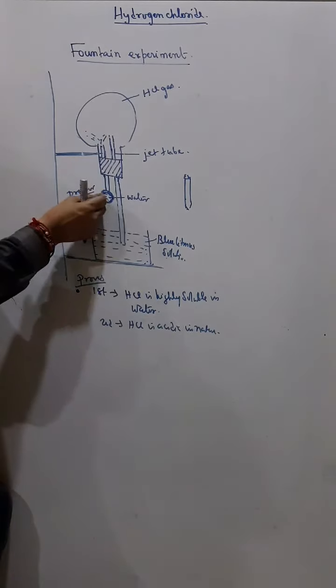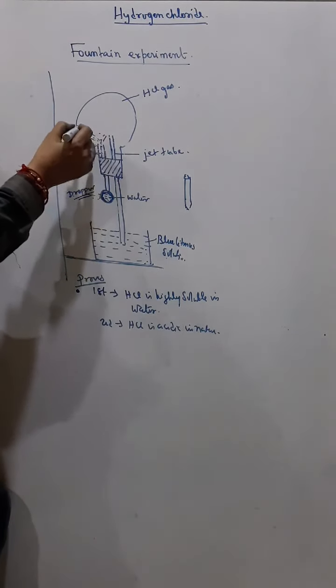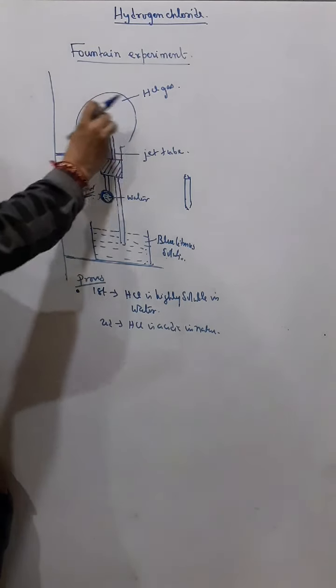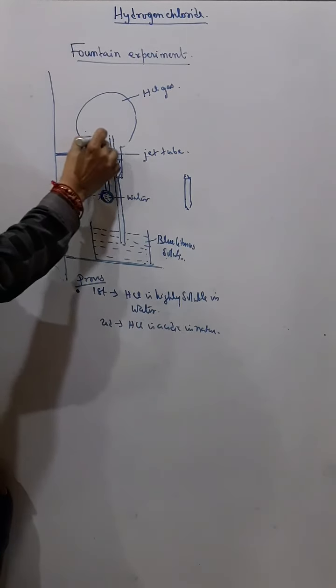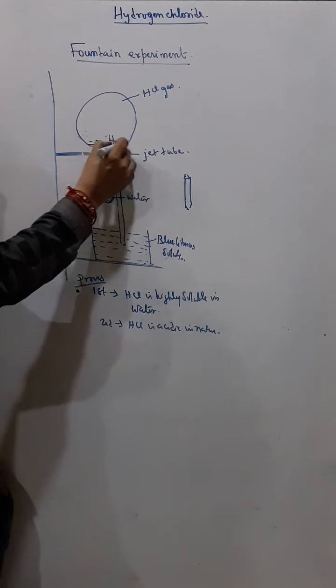This jar is full of HCl gas. When you press this, the water comes out, and this little water dissolves a large volume of HCl gas. When this gas gets dissolved, it forms hydrochloric acid, and it falls as a liquid in the lower part.